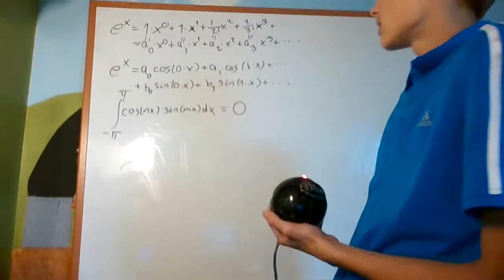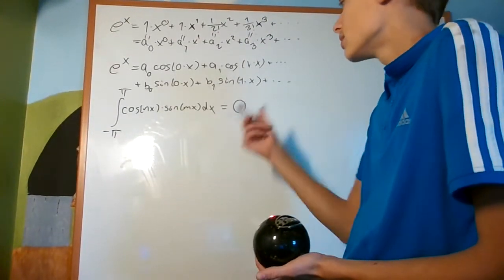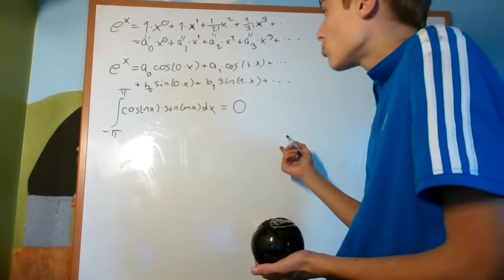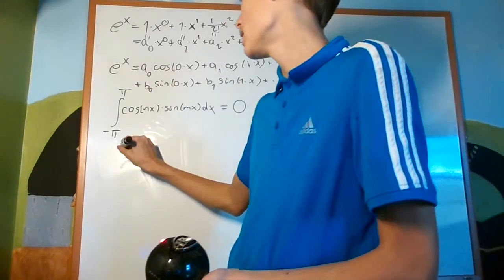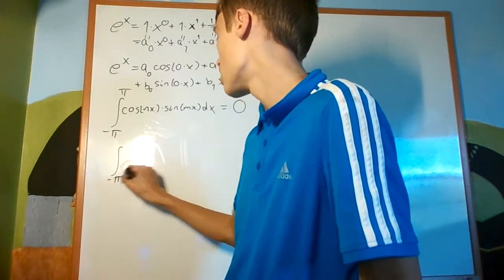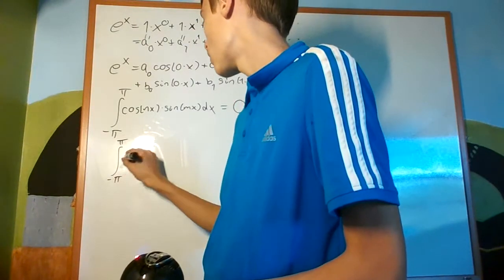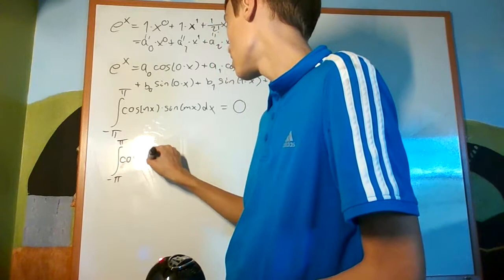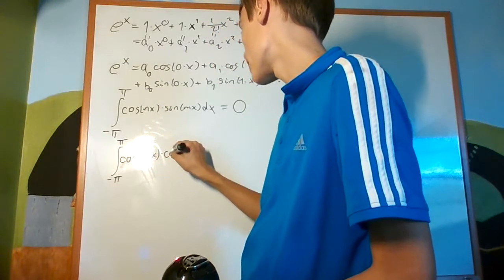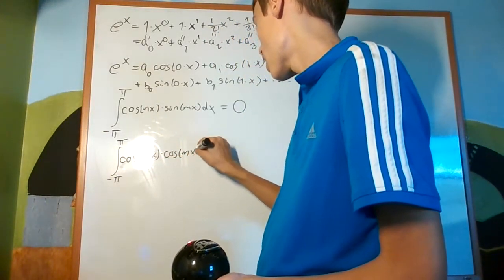So now, what can I do about this? Well, first let's look at a couple more integrals, namely the integral from negative pi until pi of cosine nx times cosine mx.